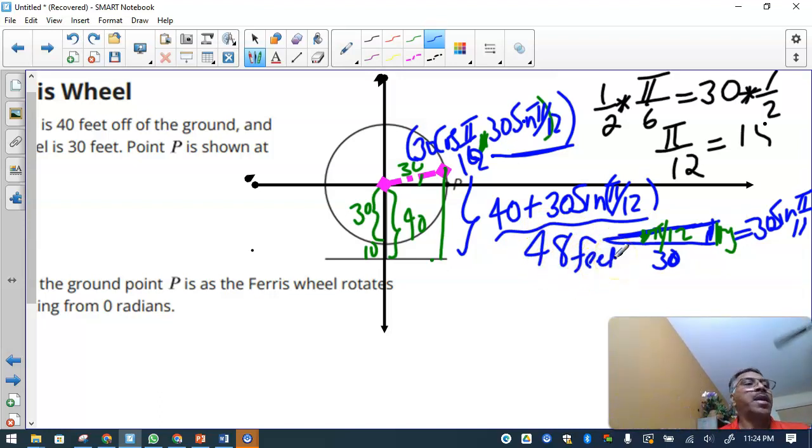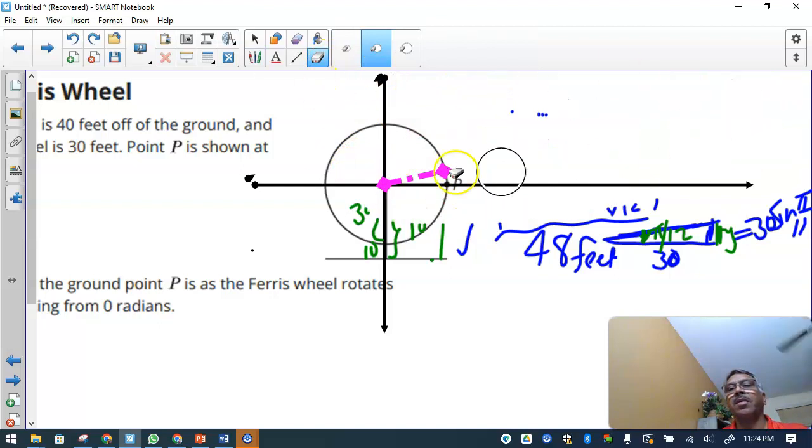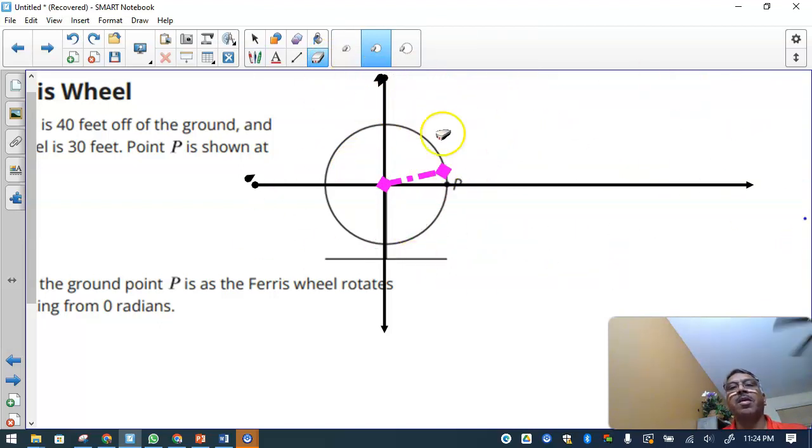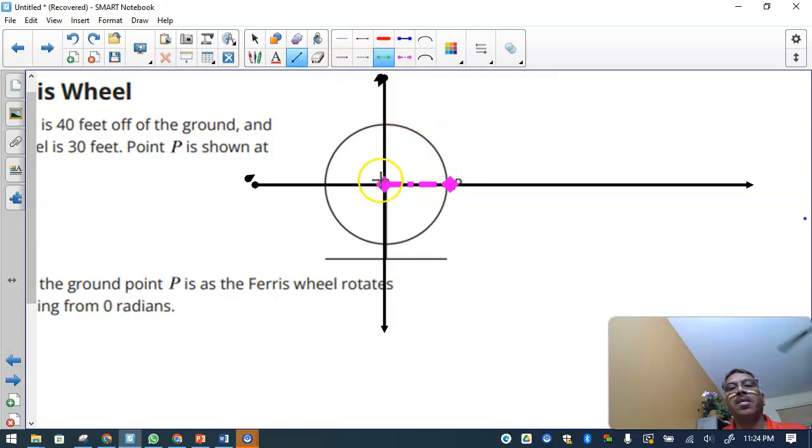That's it. The next question they're asking is, what if it is pi by 2? So let me take everything off here. I'm going to rotate this point, and now it goes pi by 2. Pi by 2 means right here. This was the original one, and the next one goes right here.